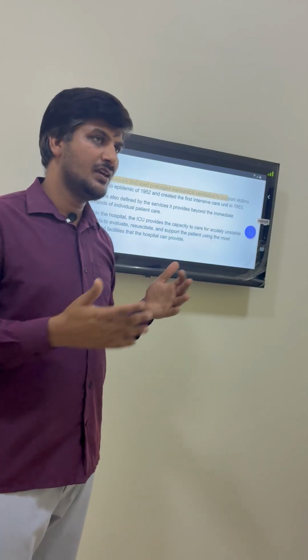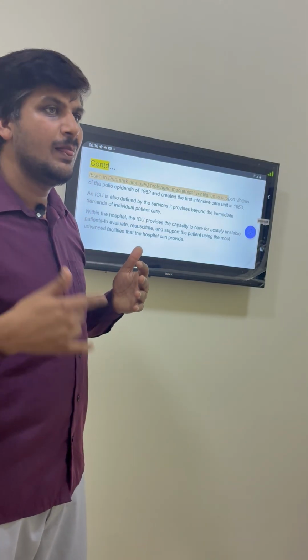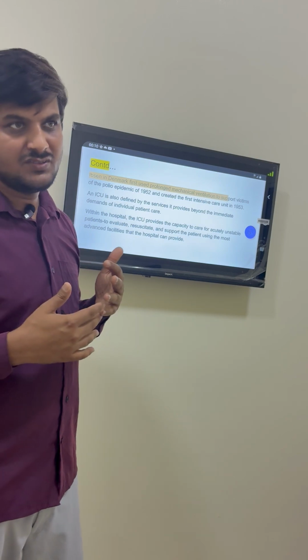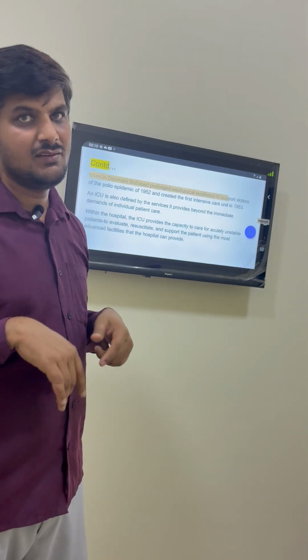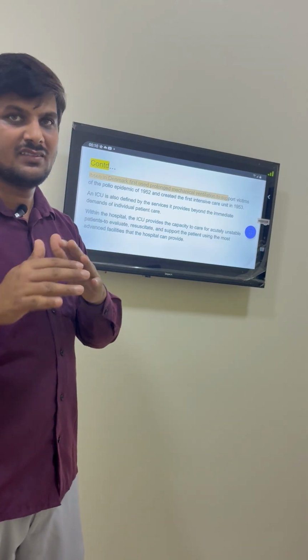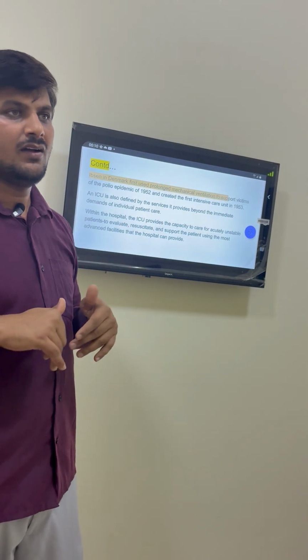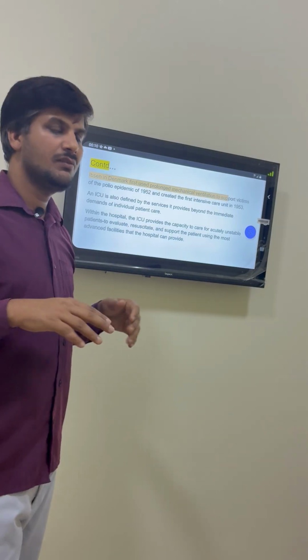Suppose a patient came with a history of RTA, road traffic accident, and he had bleeding. At that time in the emergency room there will be a specialized unit like a CPR, the cardiopulmonary resuscitation unit. It's like an ICU, but the capacity and equipment ratio will be less.